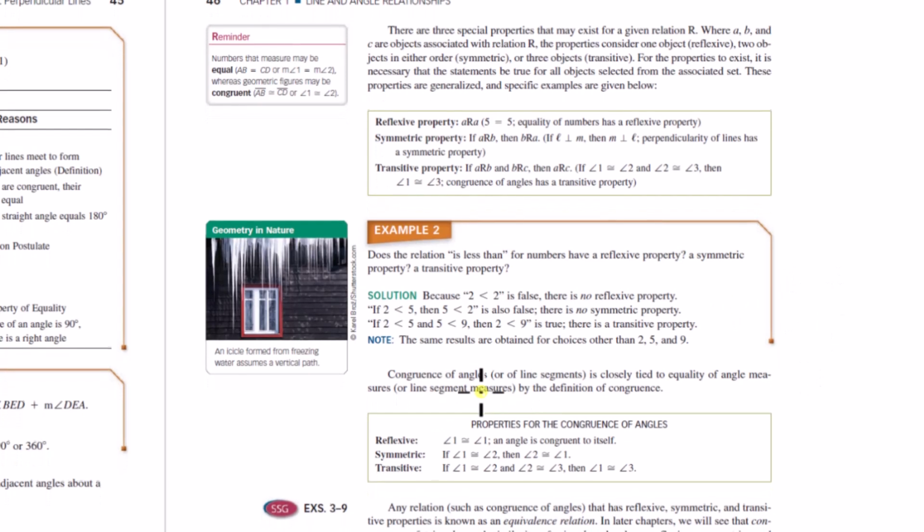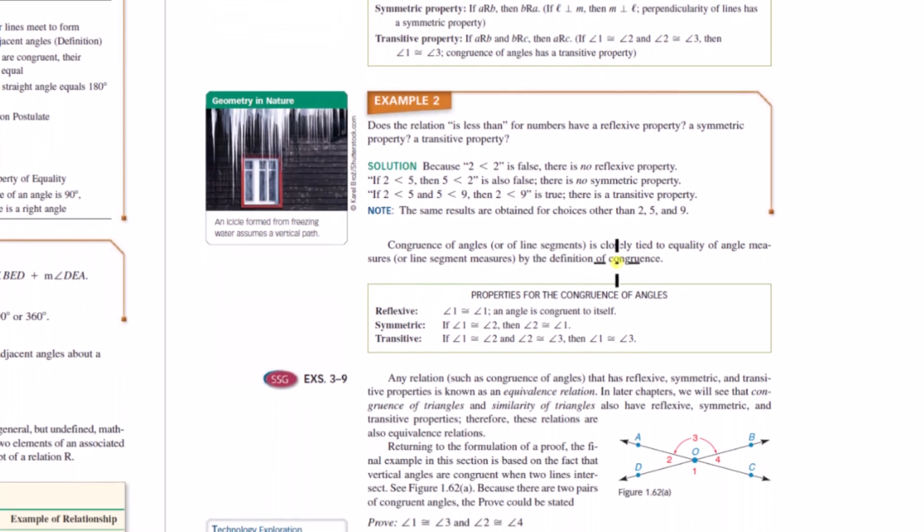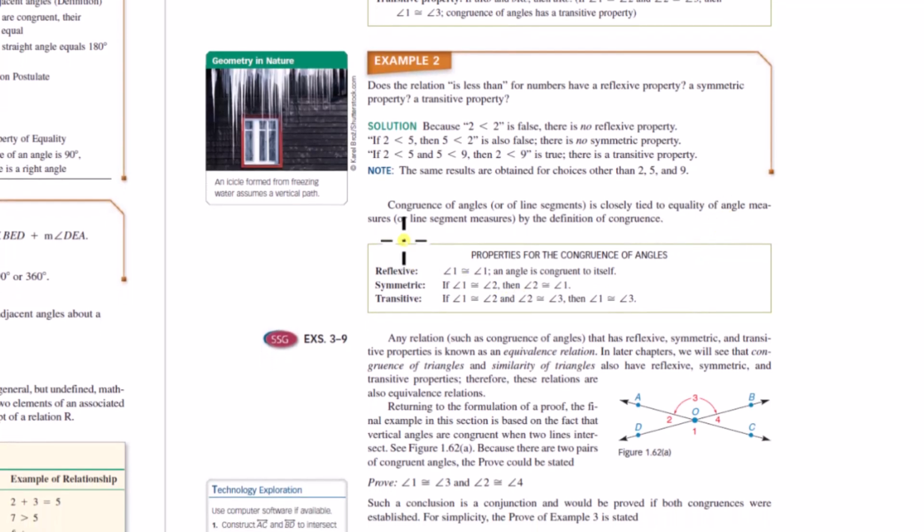All right, congruence of angles or of line segments is closely tied to equality of angle measures or line segment measures by the definition of congruence. Well, we know that's part of the definition for congruent angles and line segments, that means their measures are equal.